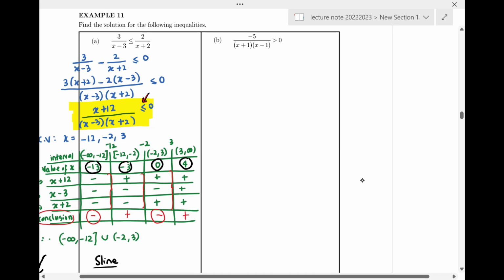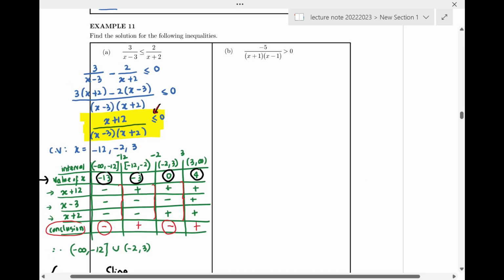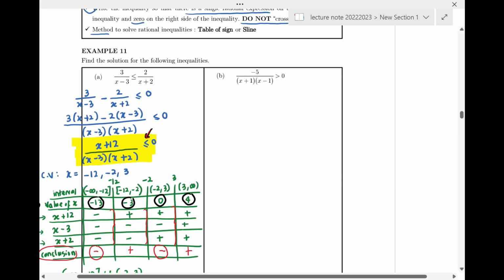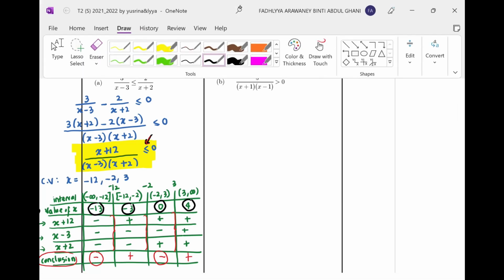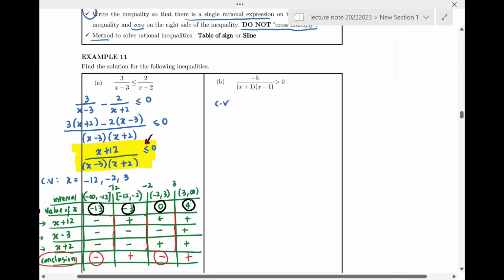Okay, we go next to part B. Part B is easier because we only have one rational expression on one side of our inequality, so we do not have to do anything further. We just need to find the critical values. My critical values here are x plus 1 equals 0, which is negative 1, and x minus 1 equals 0, which is 1.